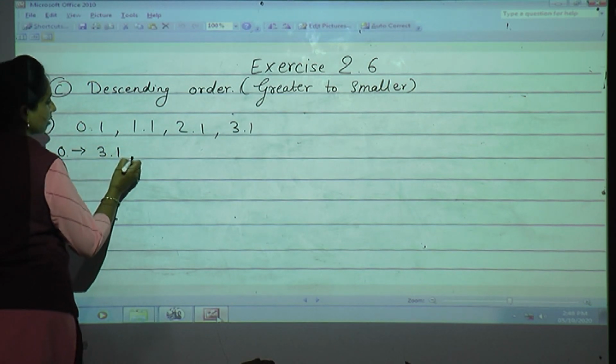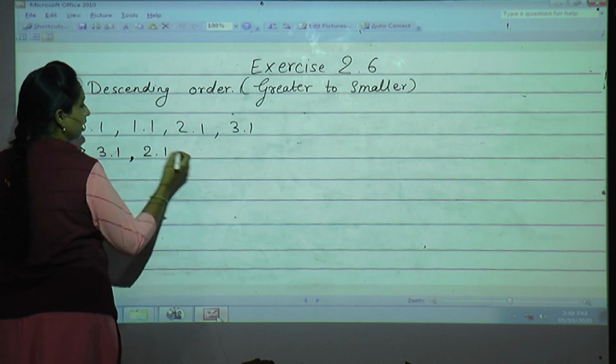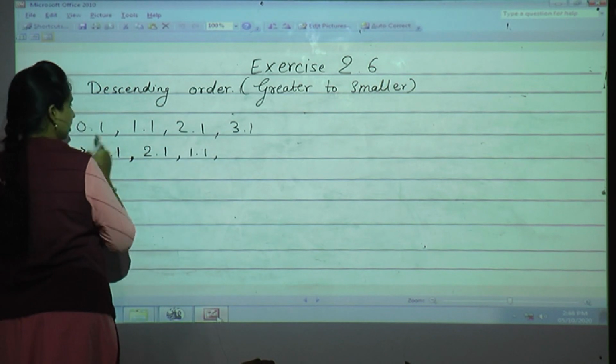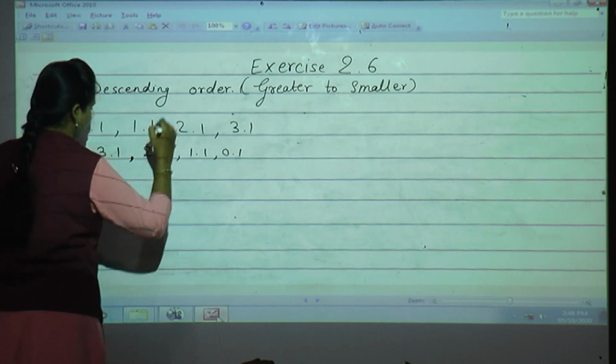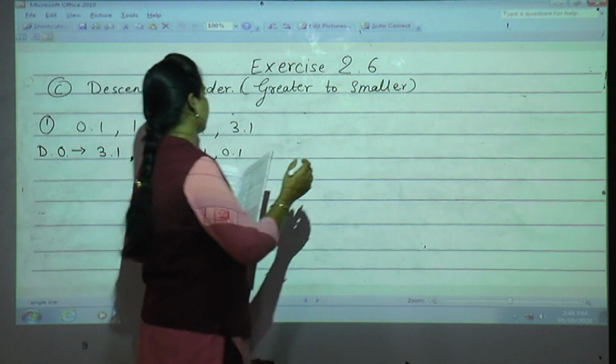The next, 2 is greater, 2.1, the next 1.1, the next 0.1. Are you getting? Yes. Here after the decimal the same digit is there, so we have not converted into like decimals, we have solved directly. Now the next example, the third one, I will solve for you.